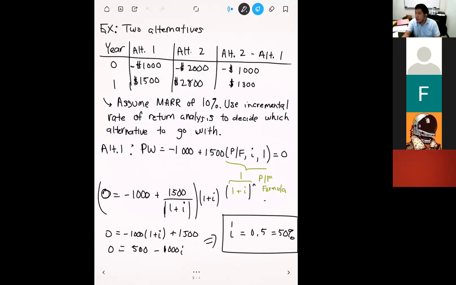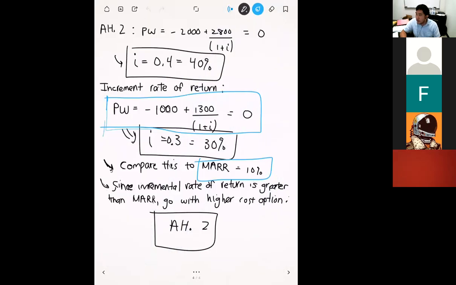The difference between the benefits is 2,800 minus 1,500, which is 1,300. I took the present worth of just this column, ignoring the first two options, and that's how I got this 30%.